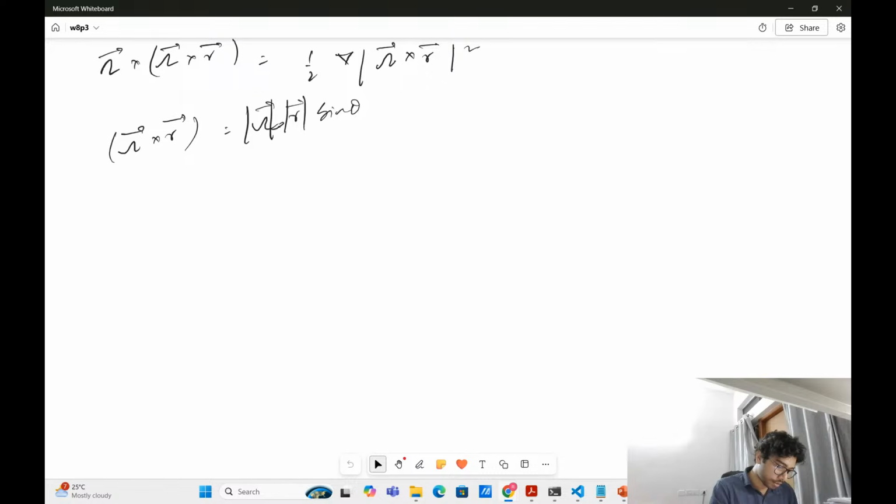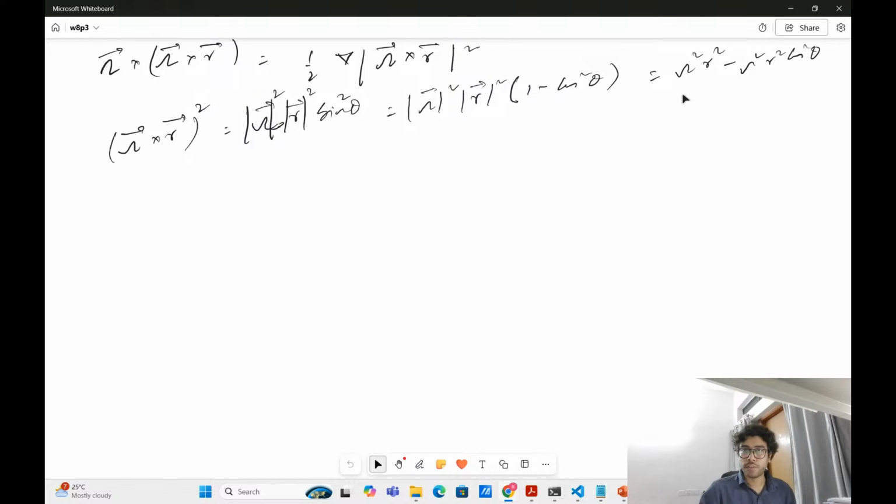If you square this, it will be omega square r square sine square theta, and sine square theta is basically 1 minus cos square theta. So this will be omega square r square minus omega square r square cos square theta.